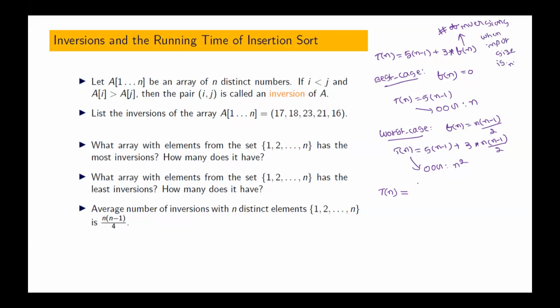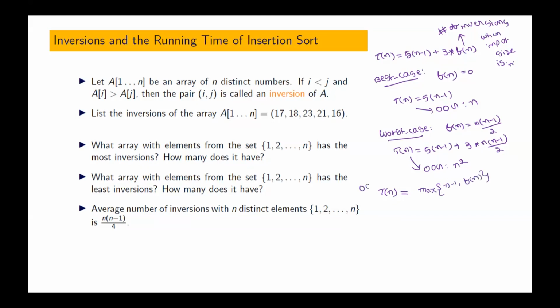Can we say that T of n is maximum of n minus 1 comma f of n?